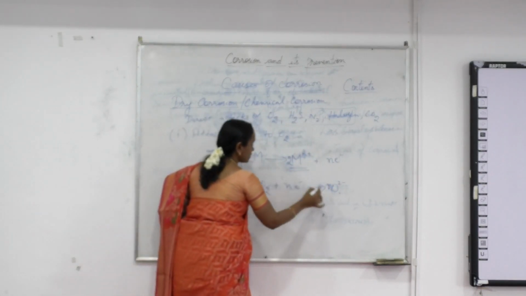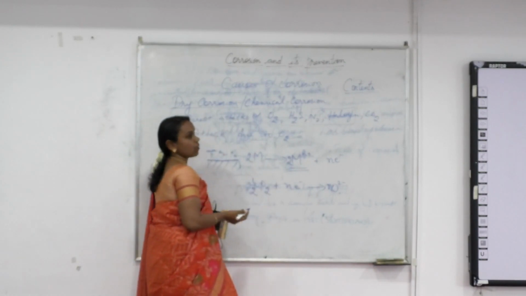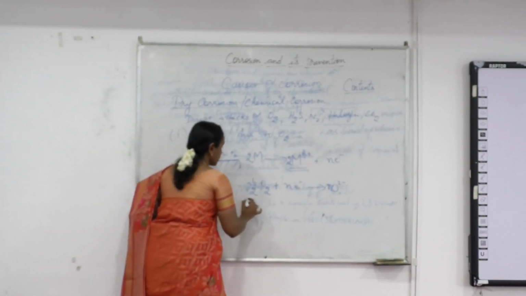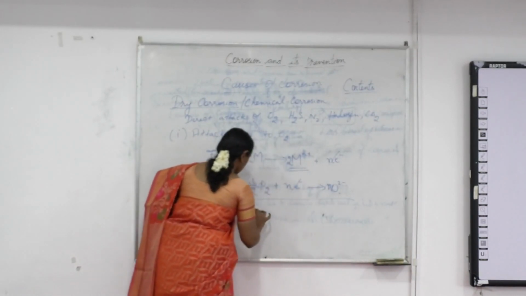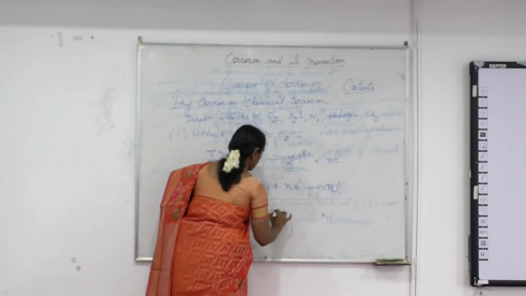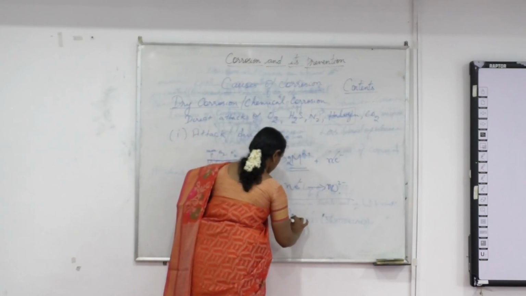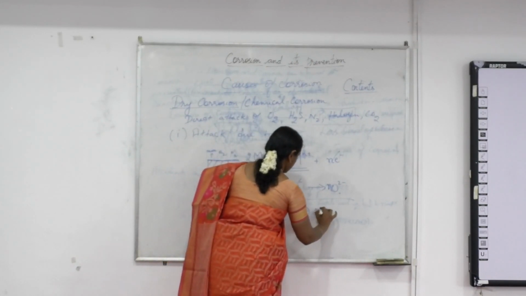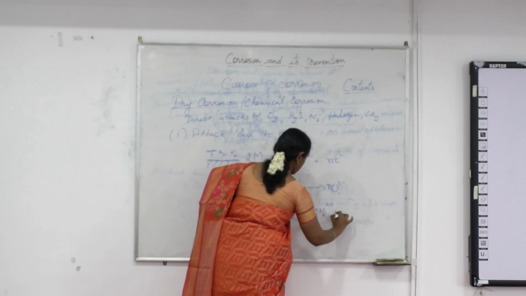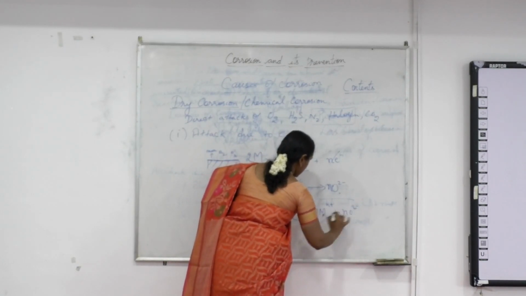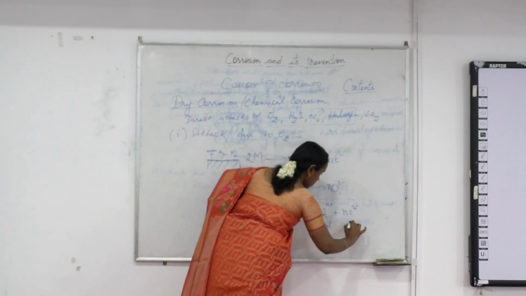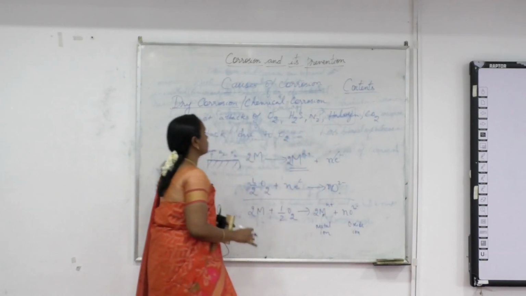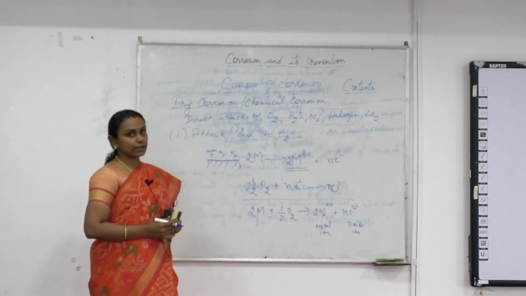Now this metal ion and oxide ion will combine together to form a metal oxide layer. This is the metal ion, and this is the oxide ion. These two combine together to form the metal oxide layer.